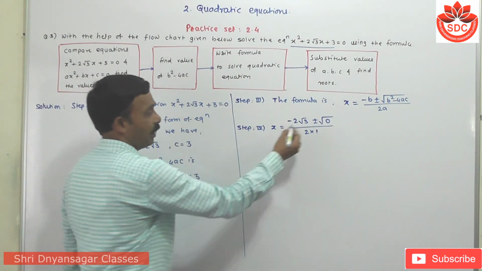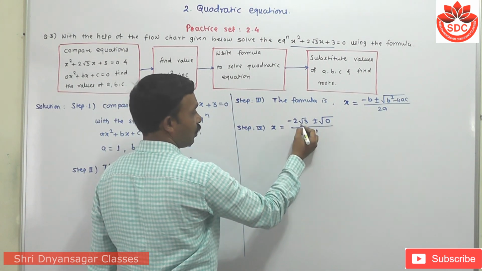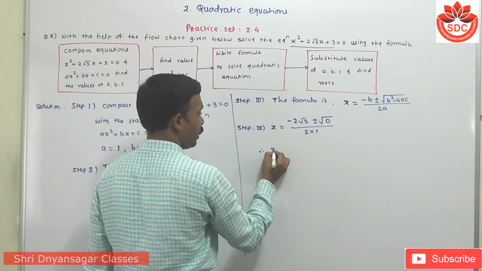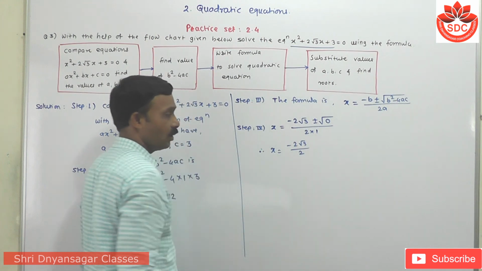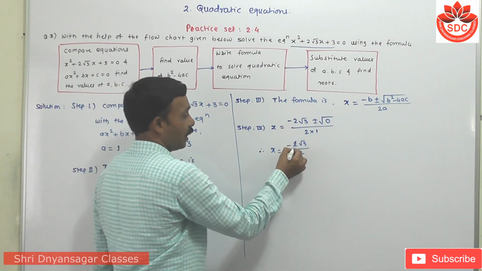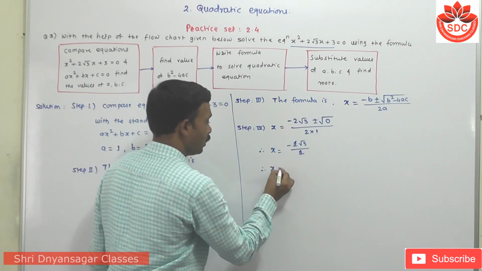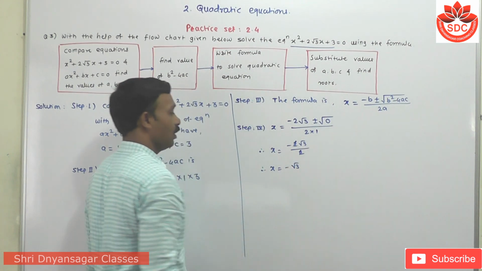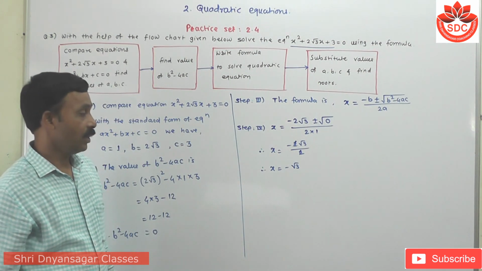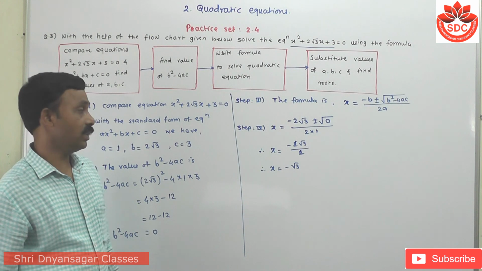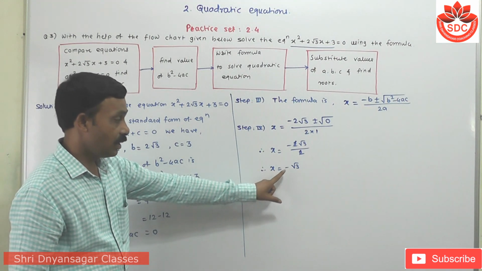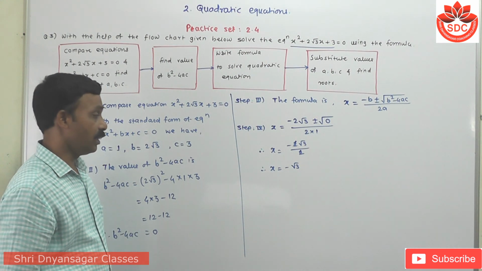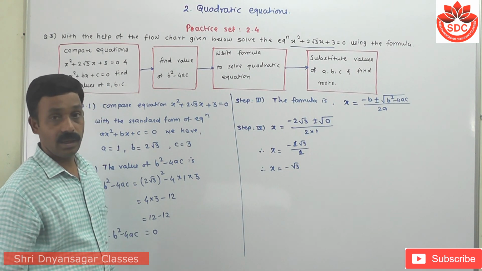Student, when we take the square root of 0 it is 0, then this value becomes x is equal to minus 2 root 3 upon 2 ones are 2. This 2 gets cancelled, so x is equal to minus root 3. This is the root of the given quadratic equation. Now student, x is equal to minus root 3 gives real and equal roots.